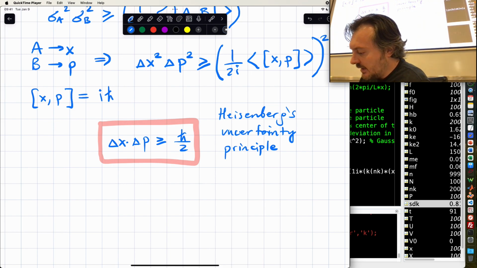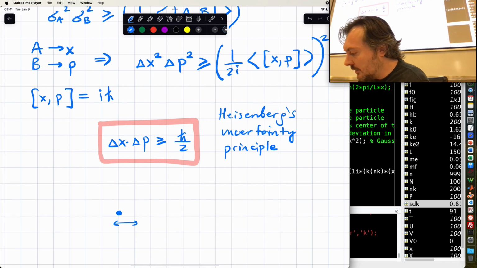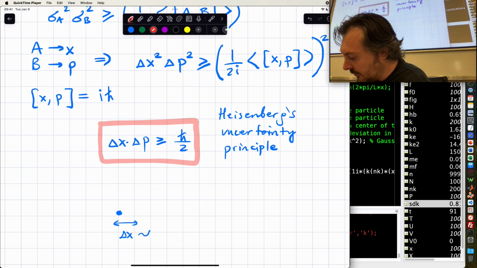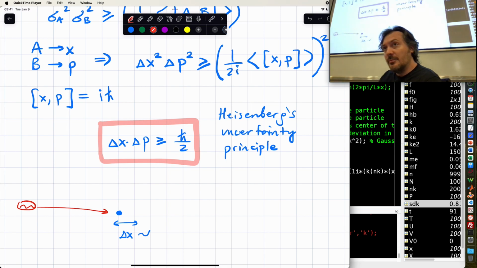The wrong way of looking at it is that you have a particle sitting there, okay? You want to find where the particle is. So your precision, delta x, is proportional to the light that you are sending in. So you are sending some light to hit this particle, right? And come back and tell you where it is, right?